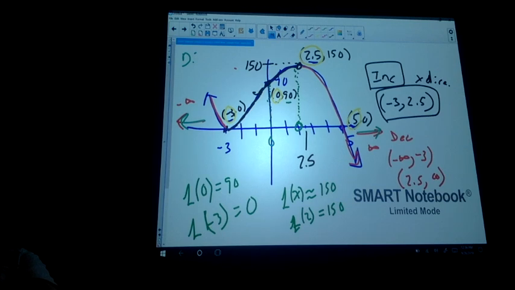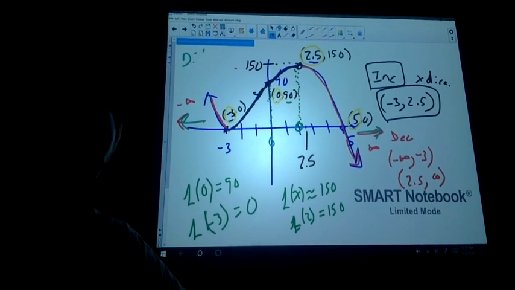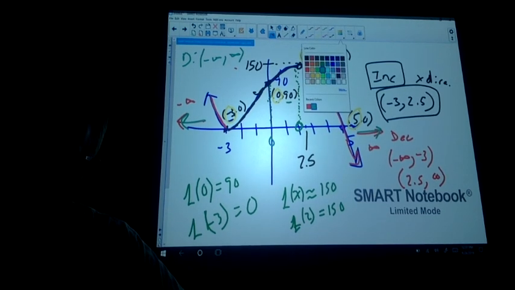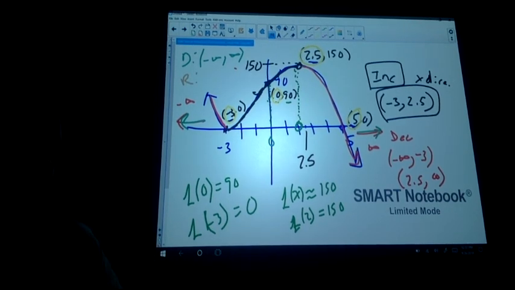Does it ever stop, or would you have to pick your pencil up if you were to draw this? Now it's going to keep going. So it's going to go from negative to positive infinity. And then my range, what about my range? Where is that arrow right here pointing?